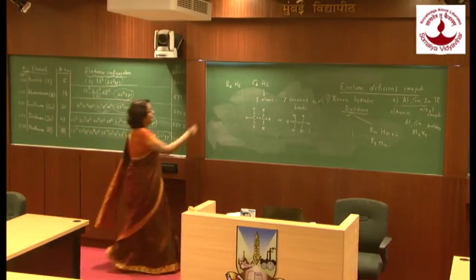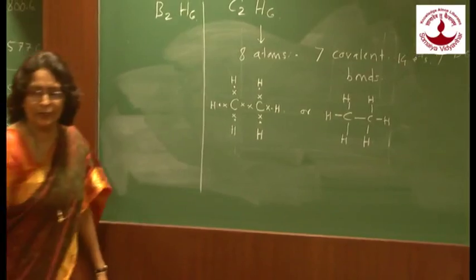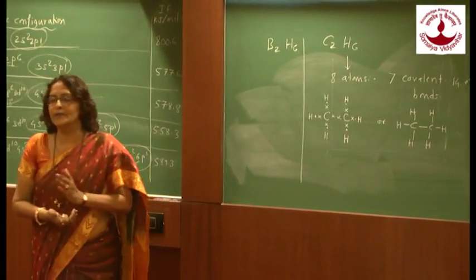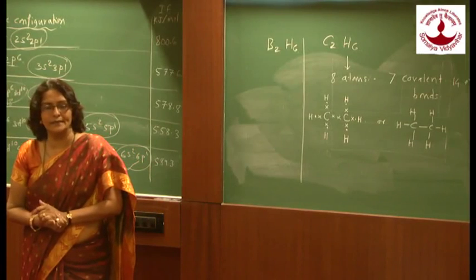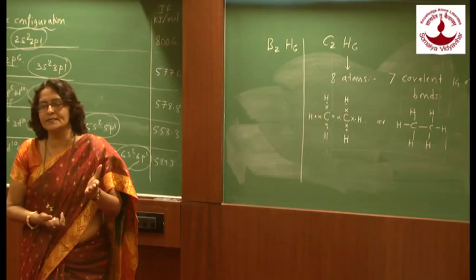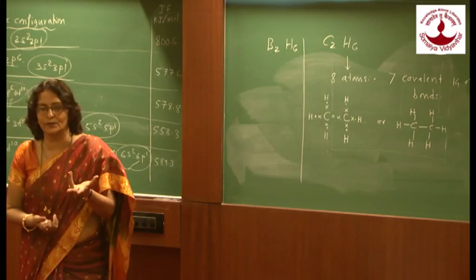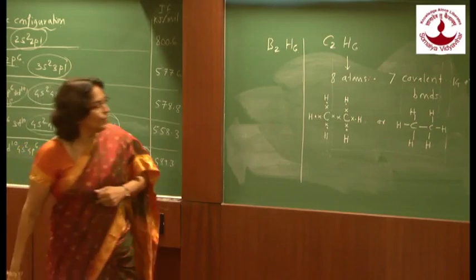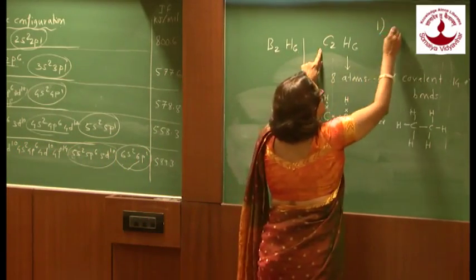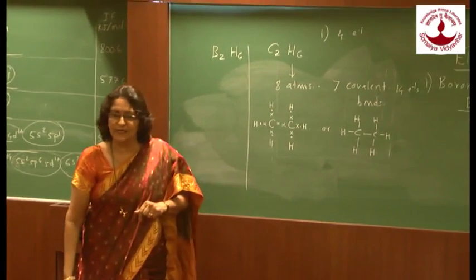Now here I have shown the number of electrons, but we can actually count the electrons. In a carbon atom, how many valence electrons are there? There are 4 valence electrons. Now I am considering only valence electrons because for bonding only valence electrons are involved. So in C2H6, for each carbon atom there are 4 valence electrons. How many carbon atoms are there? 2.